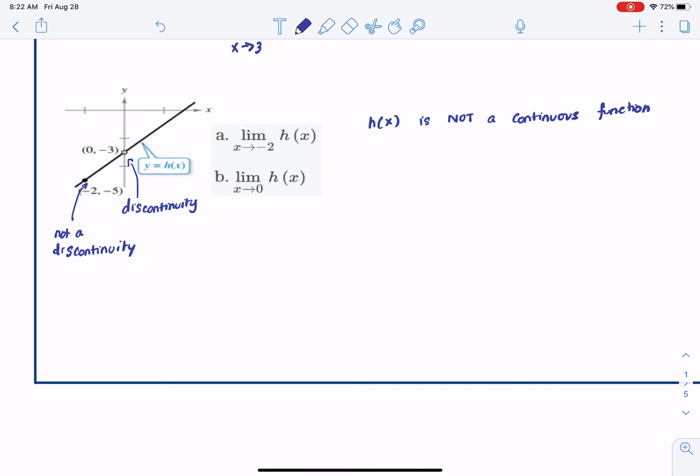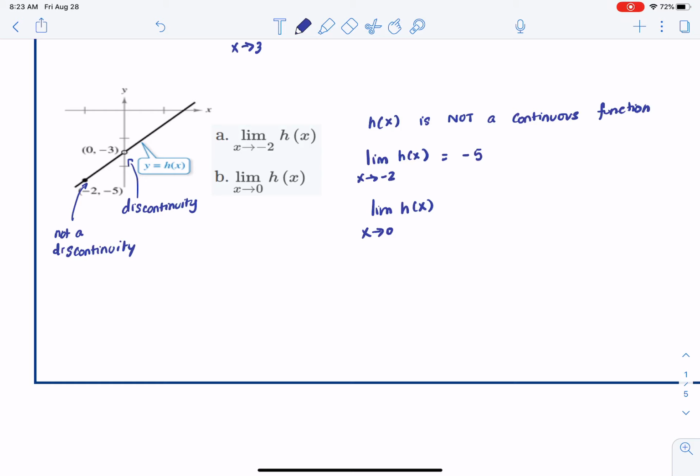So since at negative 2 we do not have a discontinuity, it would simply equal the value of the function. But at 0 though, there is a discontinuity. So let's approach it from the left-hand side and the right-hand side.